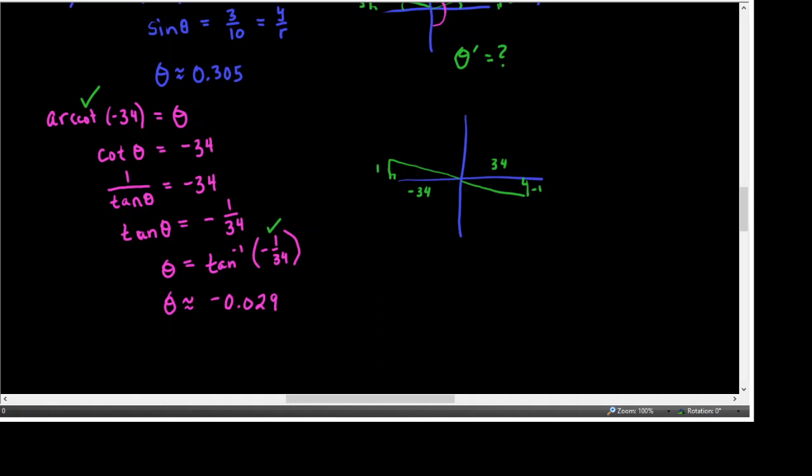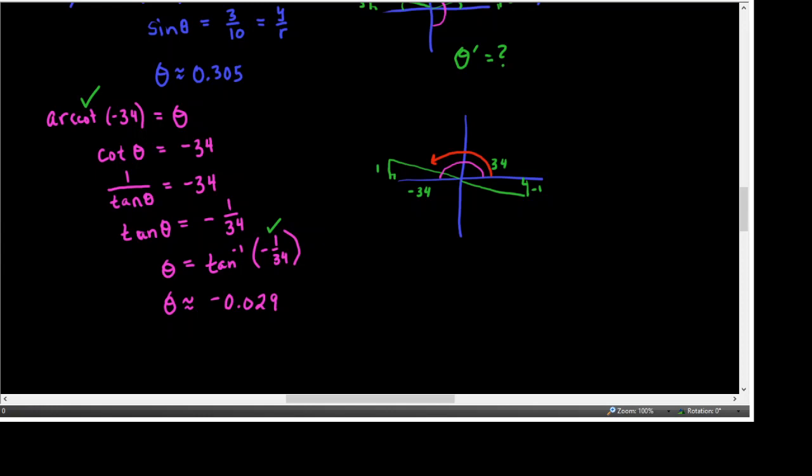Now, since the original problem is arc cotangent, you need to realize that means that the answer has to be between 0 and pi. So the correct answer for this is the angle that goes from here to there. Bigger than pi over 2. In fact, it's almost pi. Well, almost pi and negative 0.029 don't seem like they're the same thing. This is a problem with cotangent and tangent.